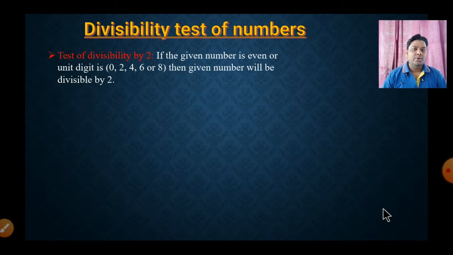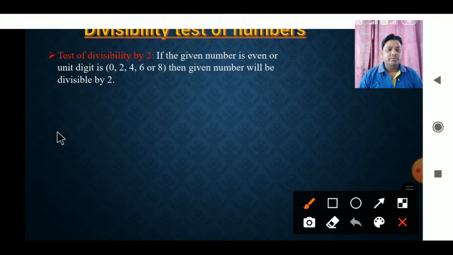Okay, for that it is already written, you can see here, that if the given number is even or the unit digit is 0, 2, 4, 6 or 8, it means we can say the last digit, then the given number will be divisible by 2. For example, if I write any large number or any small number, and we have to see the last digit, it means the unit digit.